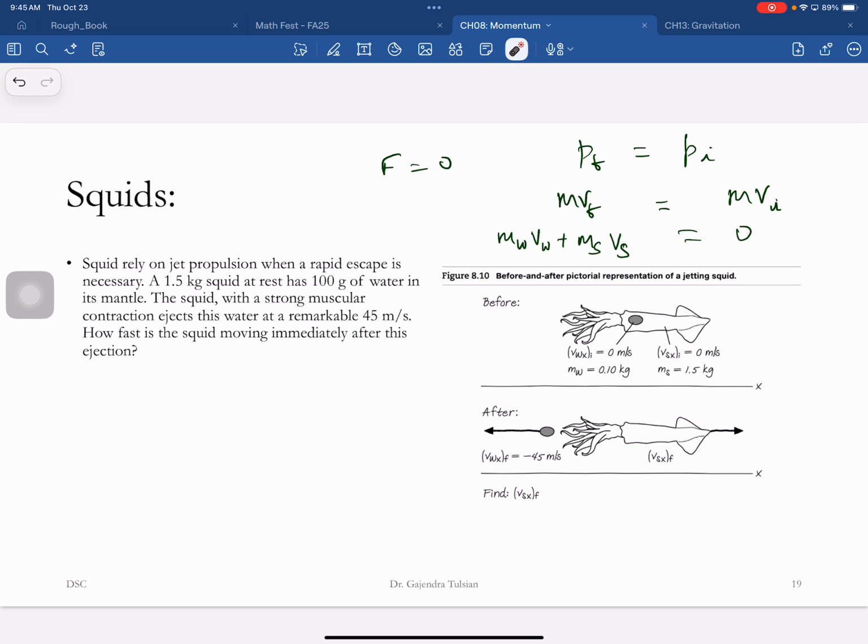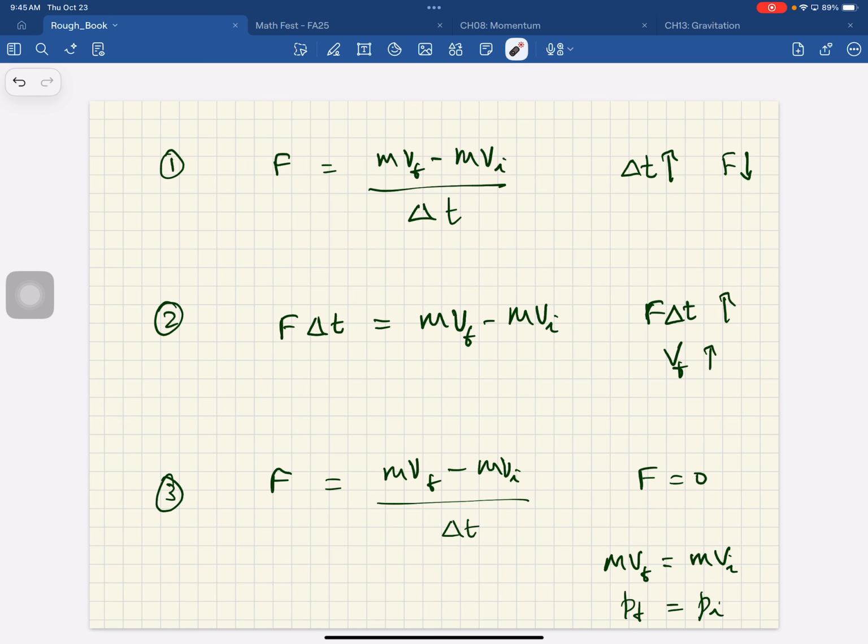All right, so that's how the squid escapes. So those are the 3 applications we'll see. The first application is, if you increase the stopping time, the forces on you are small.